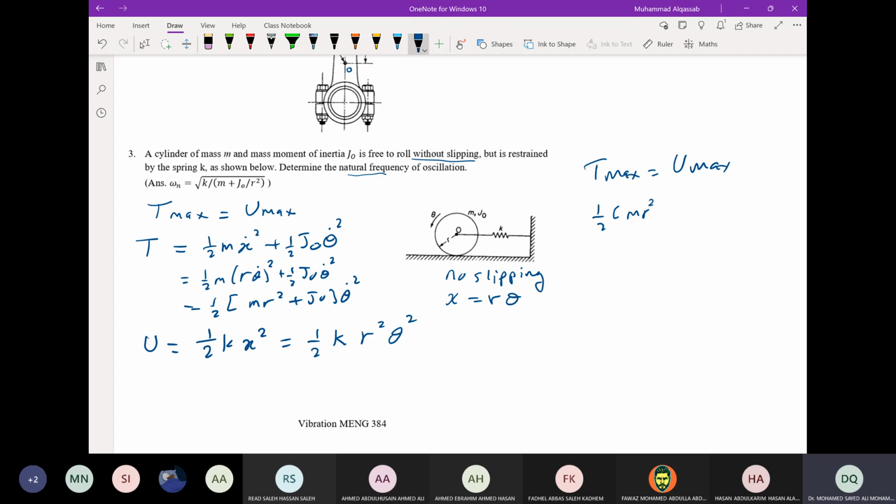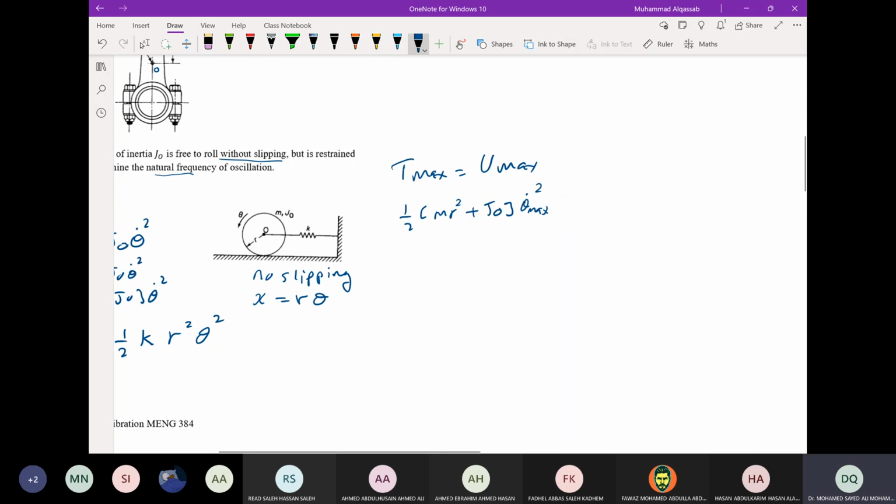Half m r squared plus Jo times theta dot maximum, which is the maximum angular velocity of the cylinder, equal to 1 over 2 k r squared theta maximum squared, which is the maximum angular displacement.